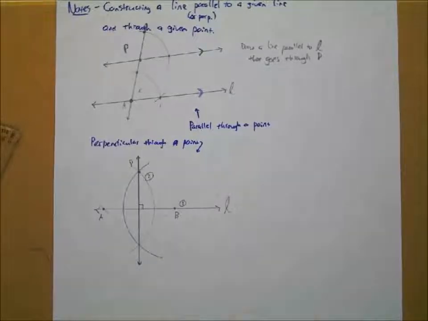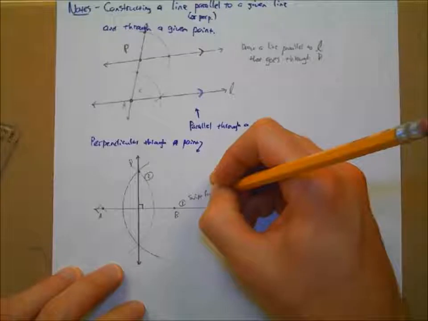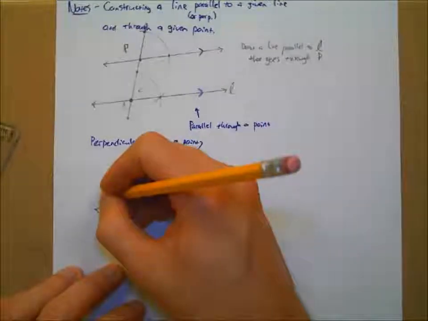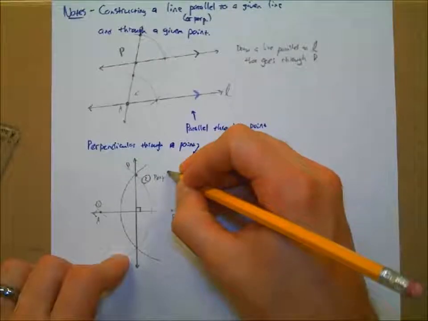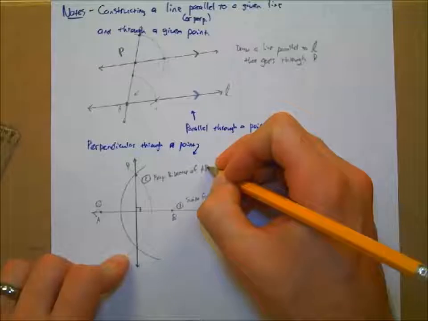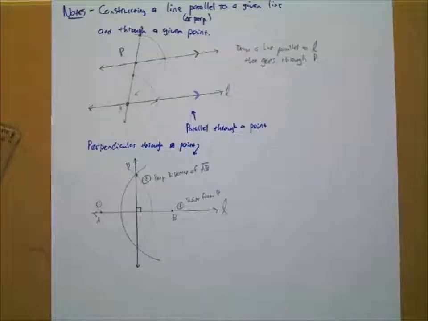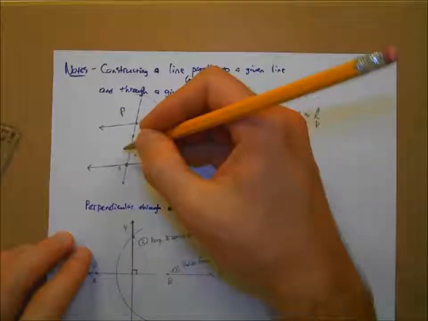So I'll say that's 1 and that's 2. What we did there basically: 1, a swipe from P, and then 2, perpendicular bisector of segment AB.